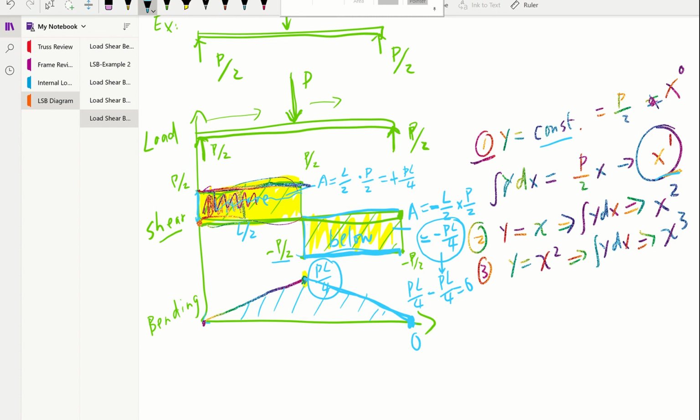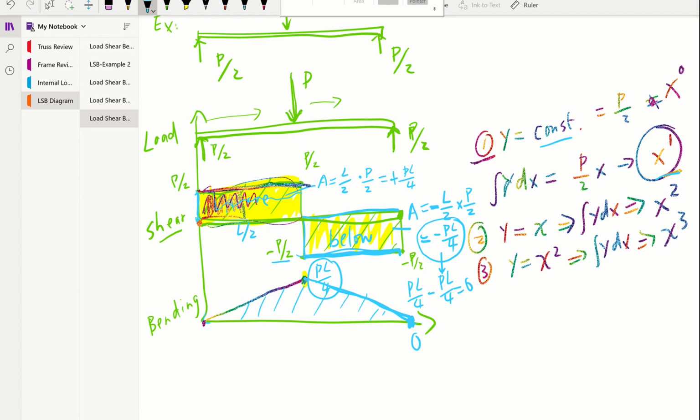So this is our first encounter of using the graphical approach to solve load shear bending diagrams. And we're using basic calculus knowledge, the area underneath the curve, adding a few new rules here, and we got our first load shear bending diagram.